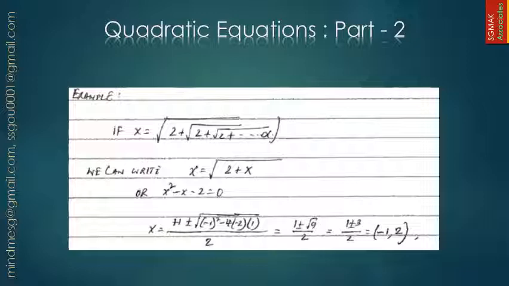So you can write it as x equals square root of 2 plus x. That gives a quadratic, x squared minus x minus 2 equals 0, and the values of x are minus 1 and 2. In this case, minus 1 is not accepted, so the admissible value is 2.